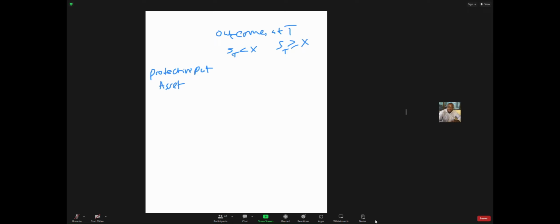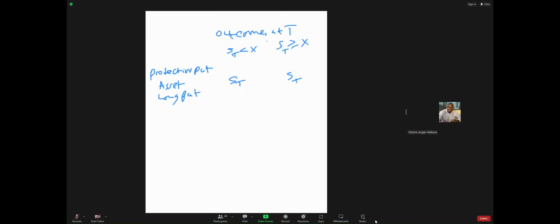Under protective put, you long the asset, you also long the put. So when you own the asset, the asset value will be the market price here.